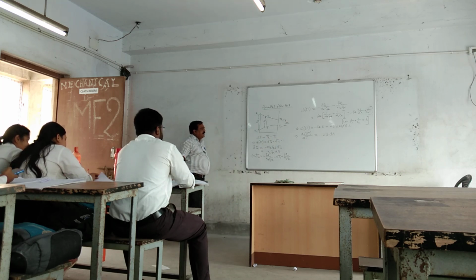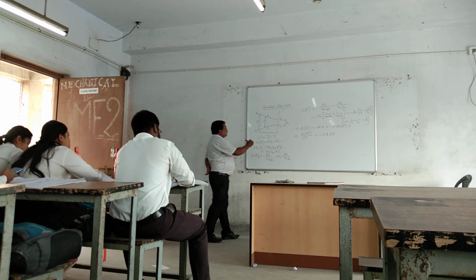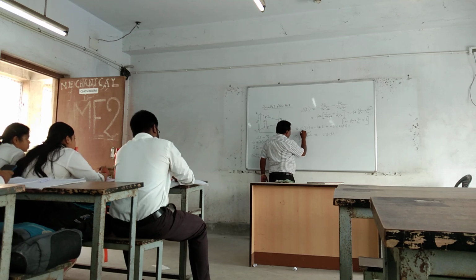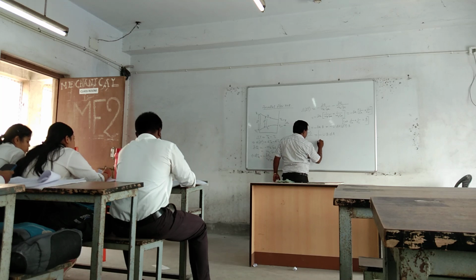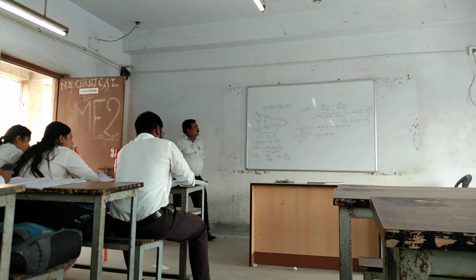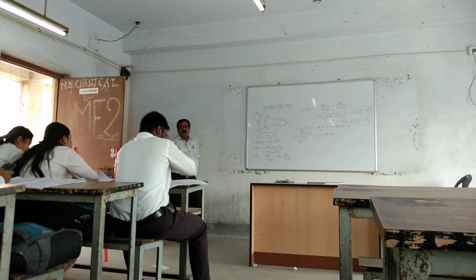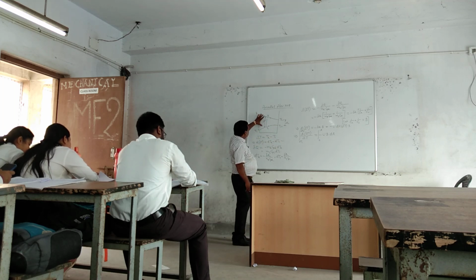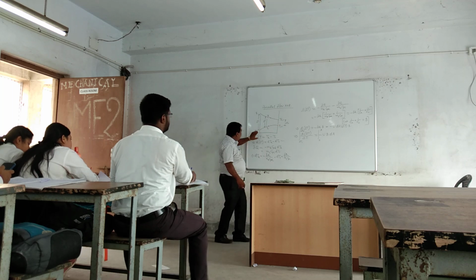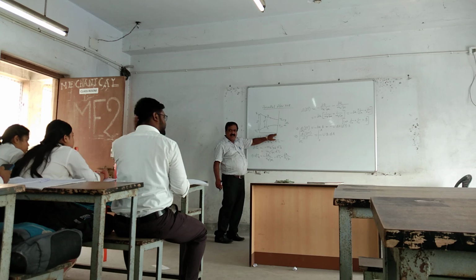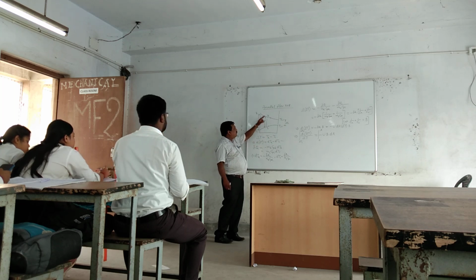Now we integrate it. What is the limit? From delta T1 to delta T2, and area is from 0 to A. From delta T1 to delta T2, here the area was 0, then it is approaching the end, where the area is A. So 0 to A, delta T1 to delta T2.